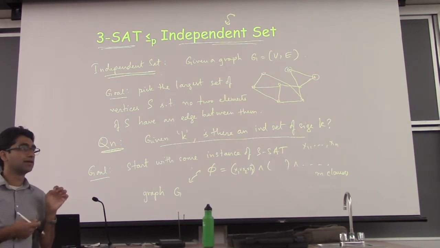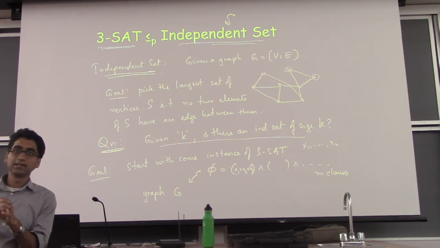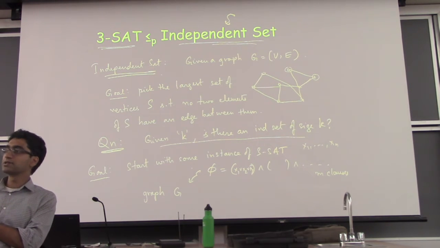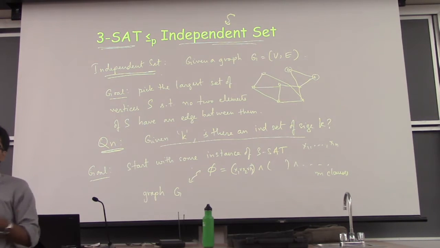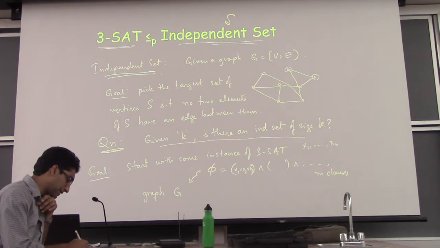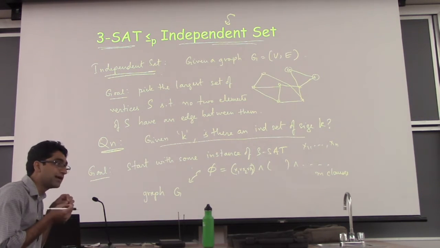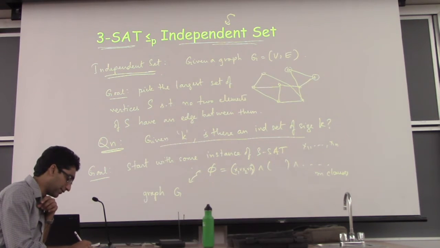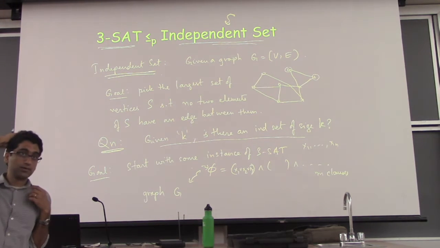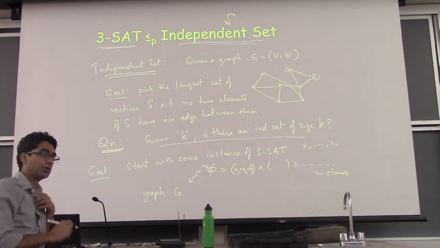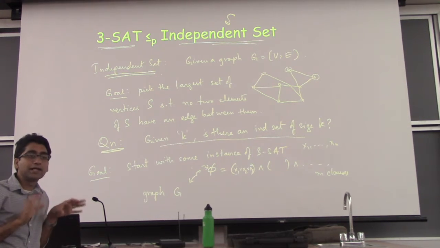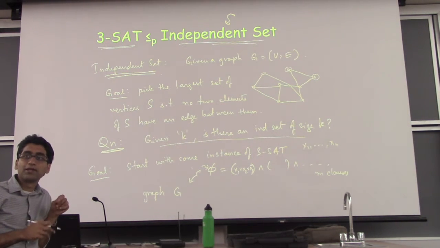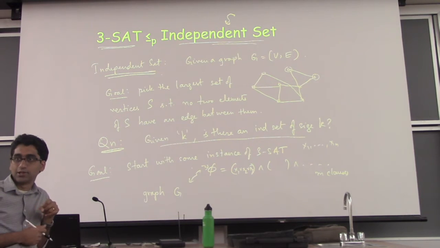How do you construct a graph, and figure out some k, such that this graph has an independent set of size k if and only if this formula is satisfied? So let's see how you do it. This is a somewhat tricky thing, so I'm going to slowly lead towards this solution.